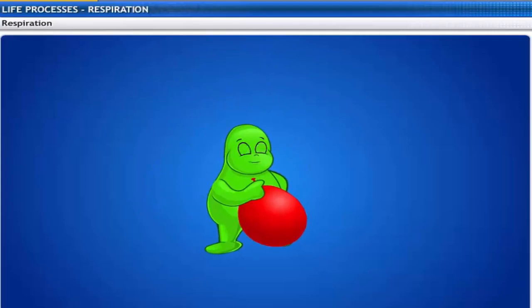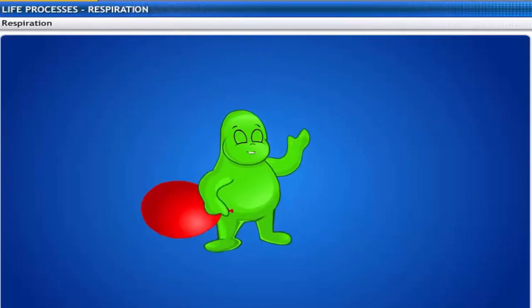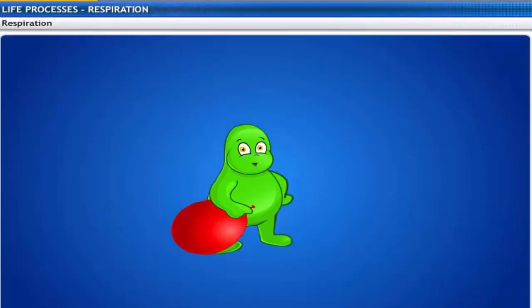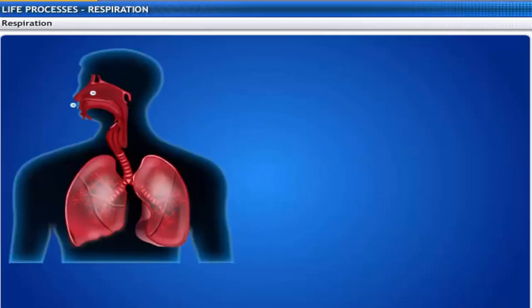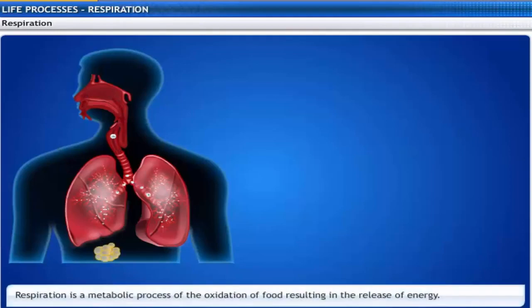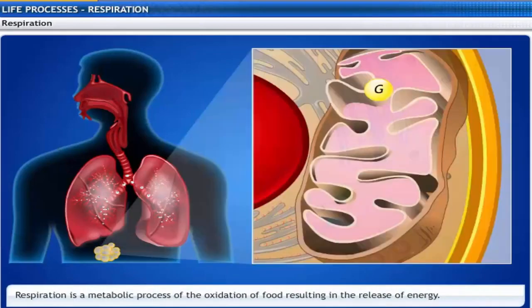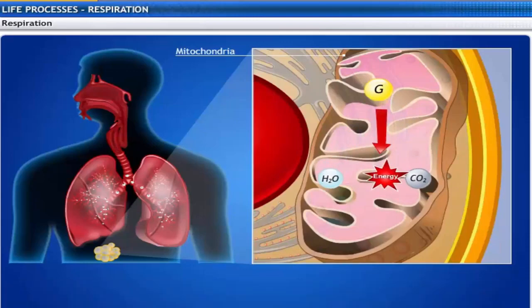I don't understand. We breathe in oxygen but breathe out carbon dioxide? We breathe or inhale oxygen, which then diffuses into the tissues and breaks down glucose and produces energy. This results in the formation of carbon dioxide and water.